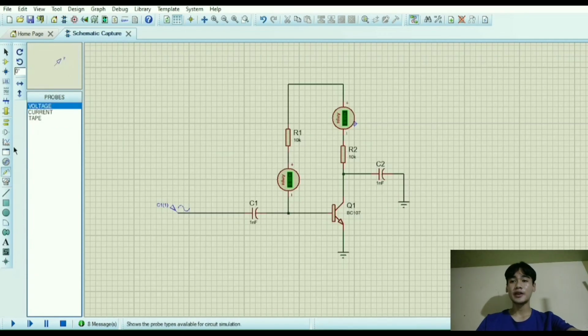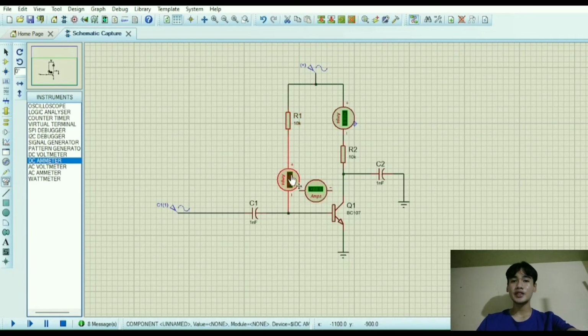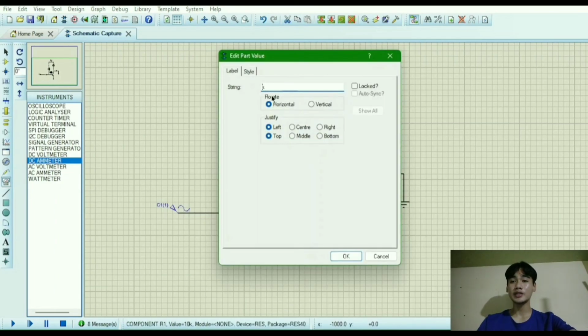Next is to put above a V sign, and we must put another AC ammeter here to measure the current. We just have to move this above and this above. The value for the first resistor is 540K and 6K for the second resistor.